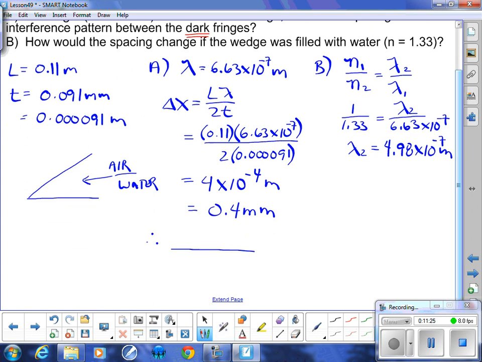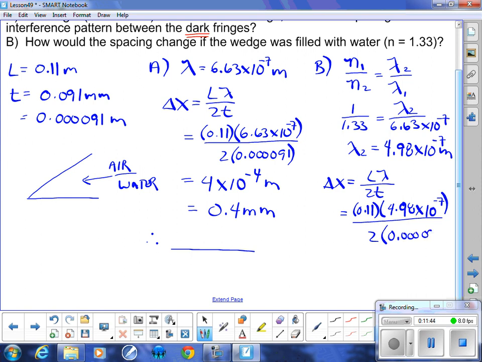Now it's just a matter of recalculating your delta x. L lambda over 2t. So 0.11, 4.98 times 10 to the negative 7, and 2 times your thickness, 0.000091.